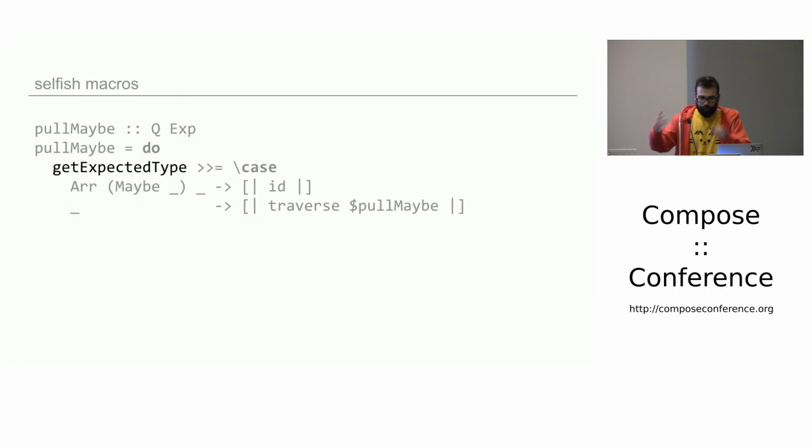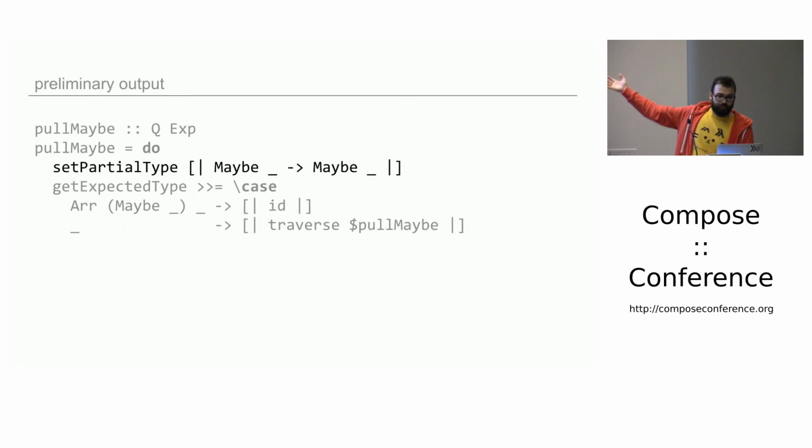They want to know the current type in order to pattern match on it and to figure out what to generate. And so I'm sure they will find the documentation for get expected type, but probably not the documentation for the other function right next to it in bold letters. Please call this set partial type, in which the programmer may choose to generously give out some information to the system in order to help out with type inference.